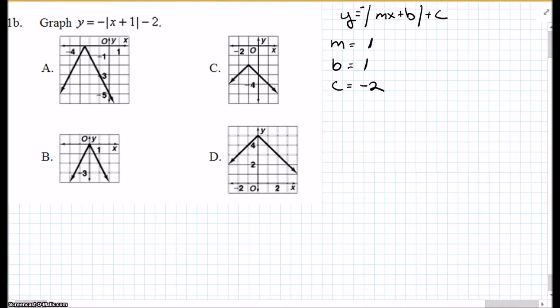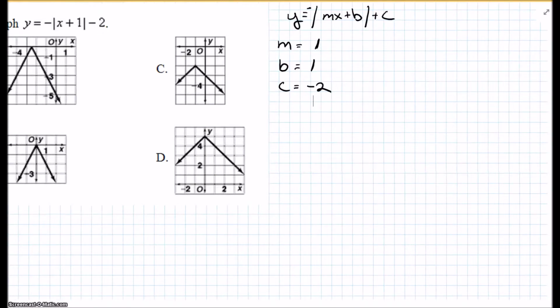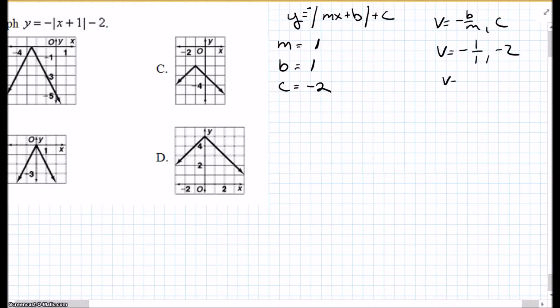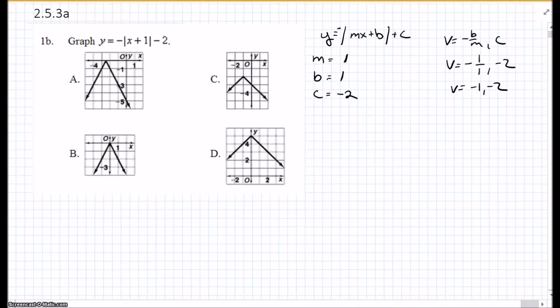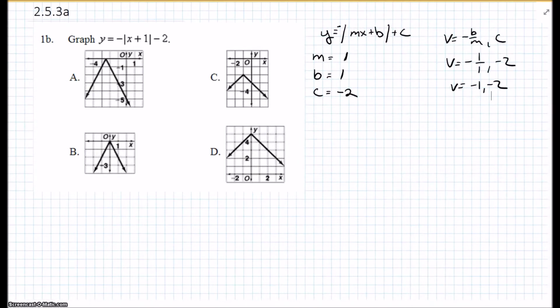Okay, so let's find our vertex, which is negative b over m, comma c. So our vertex is negative 1 over 1, comma negative 2. So our vertex is negative 1, comma negative 2. So let's plot that. We're going to go left 1 and down 2.